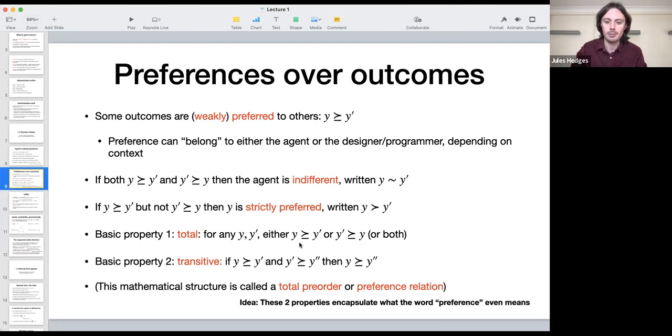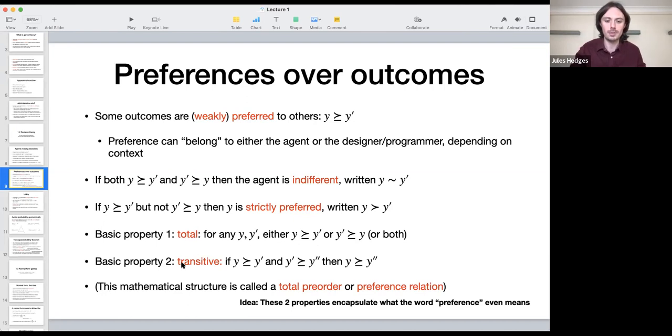So we're not allowing it to be the case that the agent has no preferences. Or rather, if we would think intuitively the agent has no preferences, we're going to encode that as saying both, so they're indifferent.